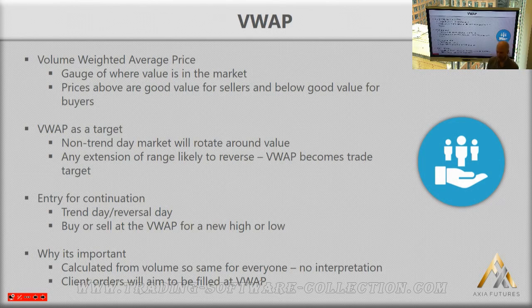The idea being that if you are either an individual or a hedge fund, a client of a bank or a large broker, you will ask to get your order above VWAP, perhaps if you're a seller, or below VWAP if you're a buyer. So the aim of the broker is to get their client as good a price as possible, and certainly at least beyond the VWAP.